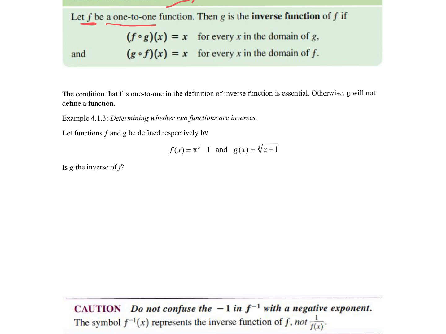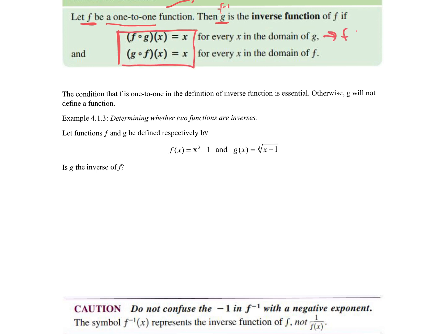And since f is 1 to 1, then f inverse is a function, then we can do composition of two functions and say that g is an inverse. This g is like my f negative 1. If and only if these two conditions are met.